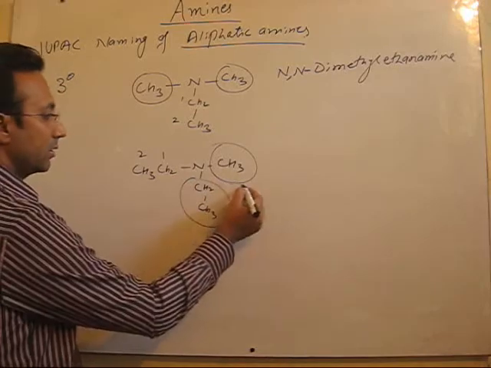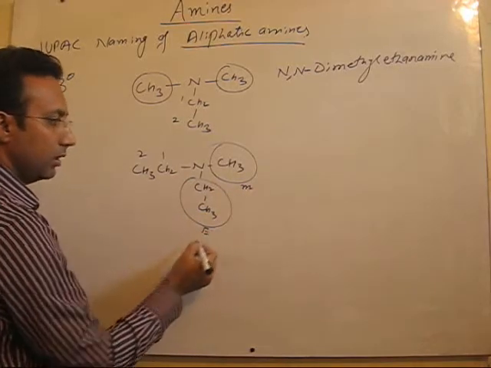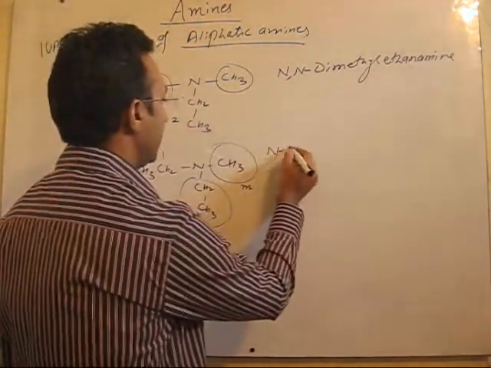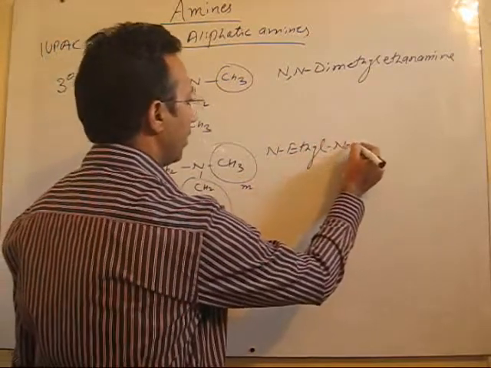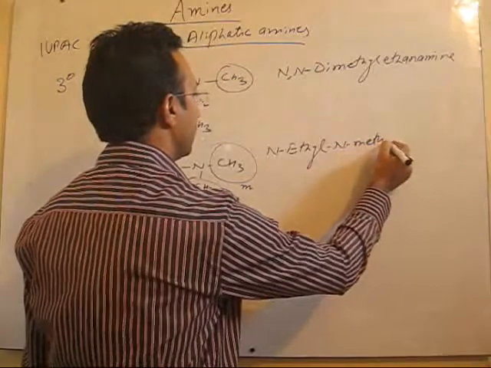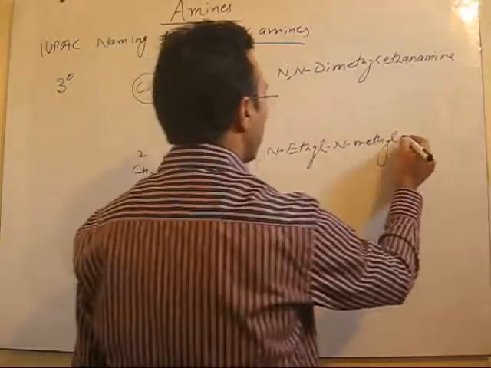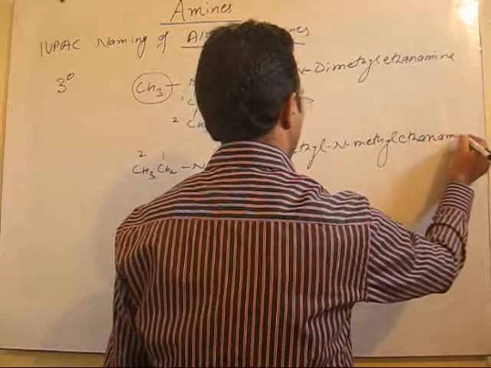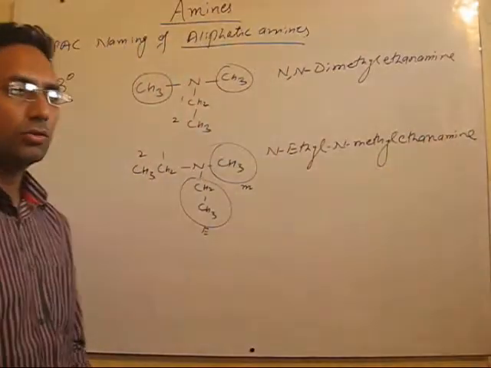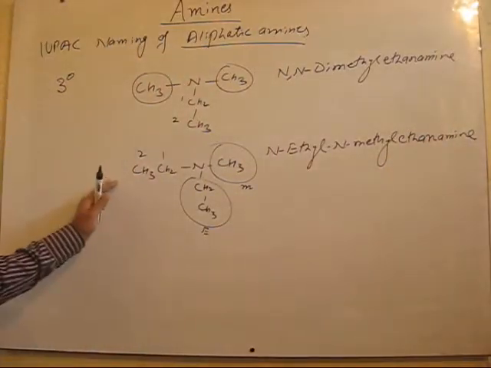So this starts with M, this starts with E. So E will be first, so it will be N-ethyl, N-methyl. Now comes word root, ethane amine. Fine. So this is regarding the naming of tertiary amines, right?